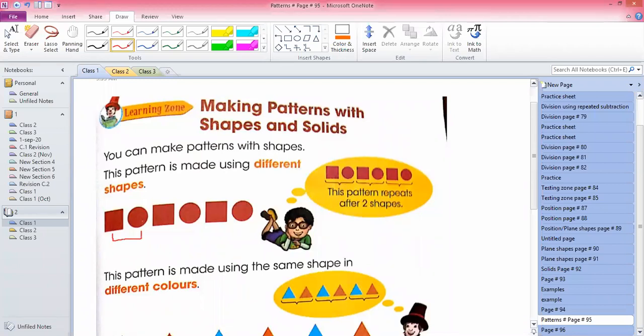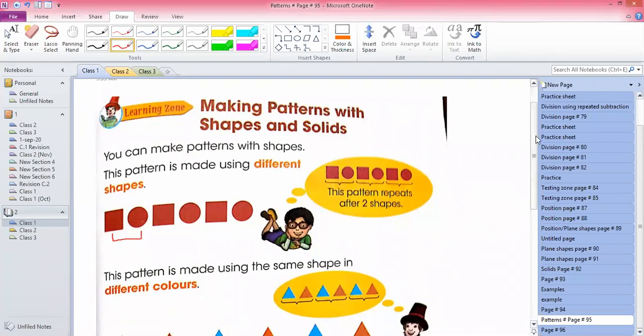And if I ask you after circle which shape will come next, you will say square. Why? Because you know the pattern is made up of two shapes, square and circle, and this pattern is repeated again and again. So it will continue like that. So this was the very easy pattern, right?